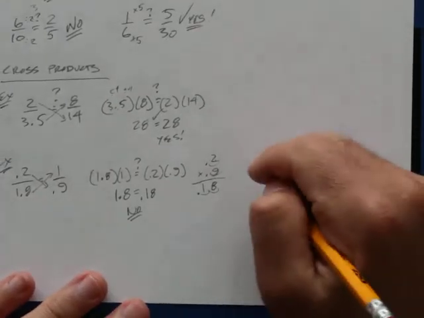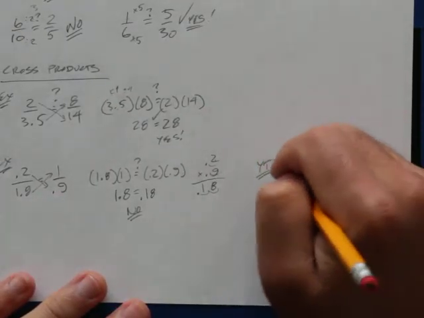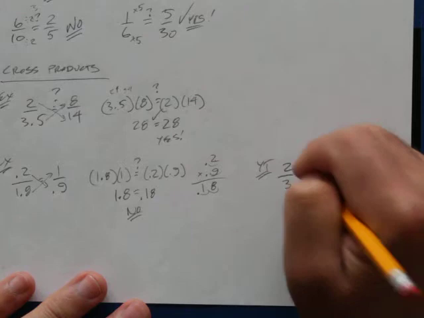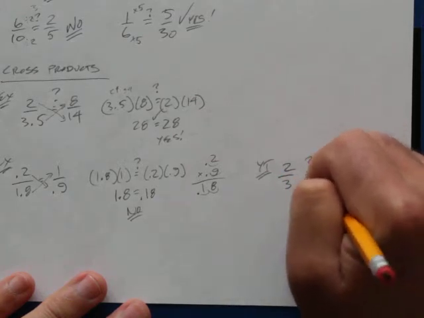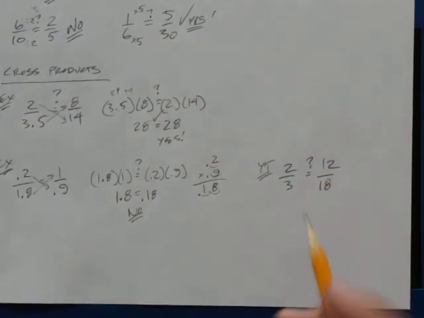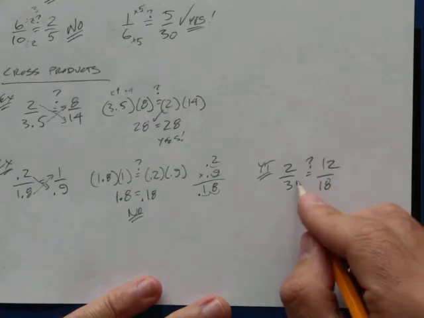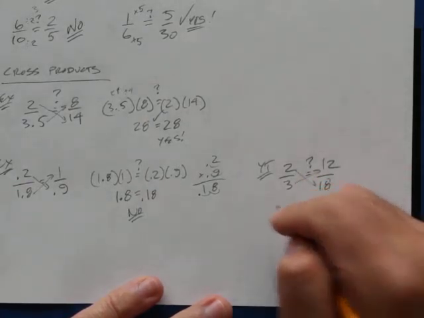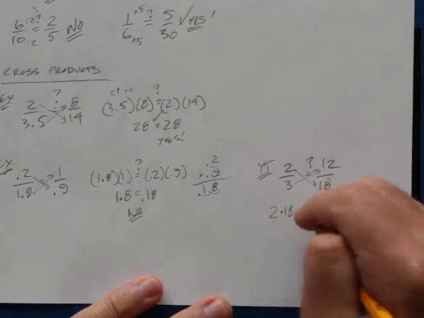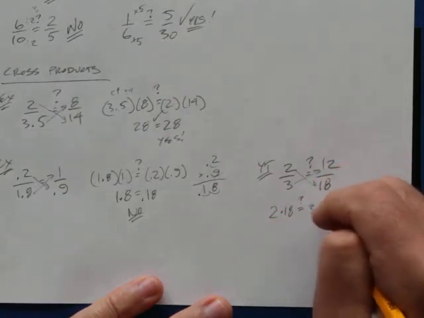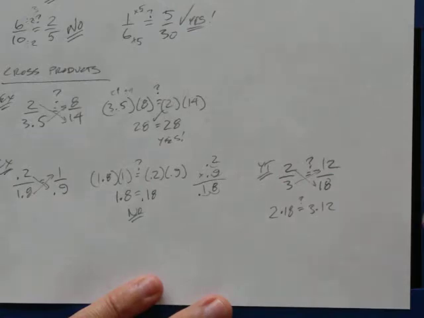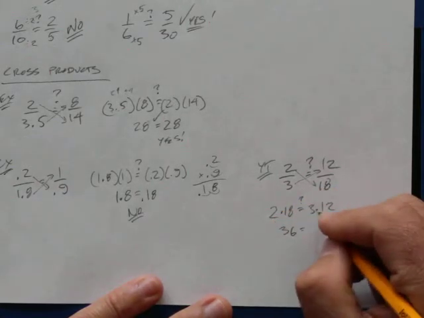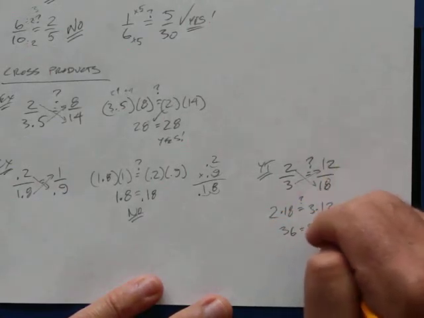Now you do this one without me. 2 over 3 equals, maybe, 12 over 18. Use cross products to see if you can figure this one out. And go. All right, let's multiply like this. 2 times 18 equals, maybe, 3 times 12. 2 times 18 is 36. 3 times 12 is 36.